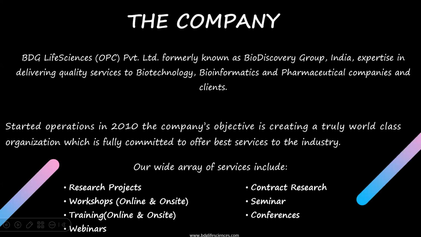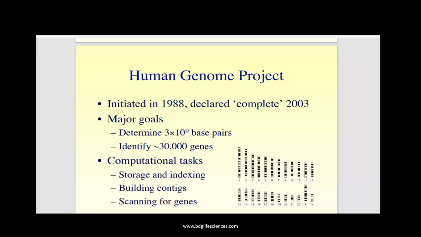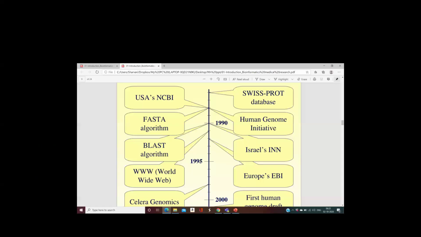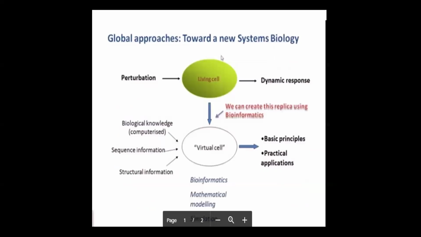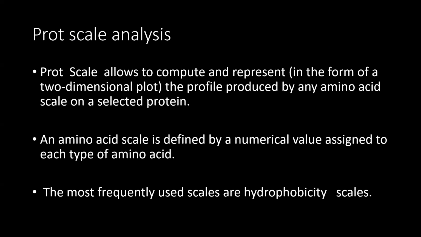Now that we have learned how to take a FASTA file, we will see how to use it in basic analysis. The first tool used for basic analysis is called ProtScale. It is very useful when you don't know anything about the protein and you just have to do the preliminary analysis, known as broad scale analysis.